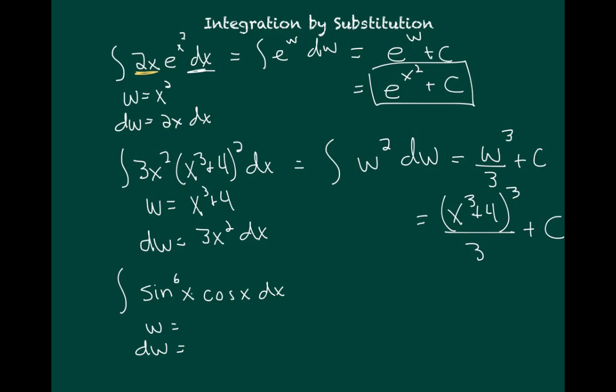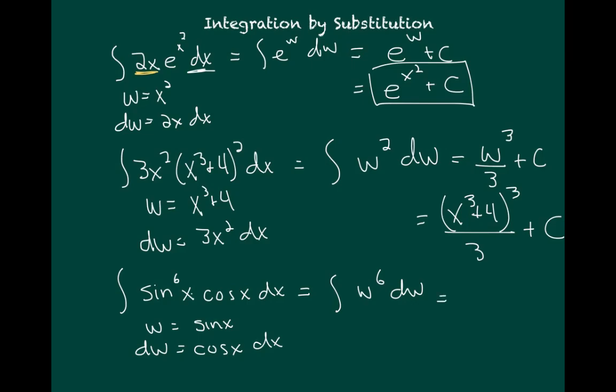All right, hopefully you recognized that my inside function is going to be the sine of x, and we know that the derivative of the sine of x is cosine x dx. So I can rewrite all of this as w to the 6th power dw, because the dw represents my cosine x and the dx, and now I can integrate.